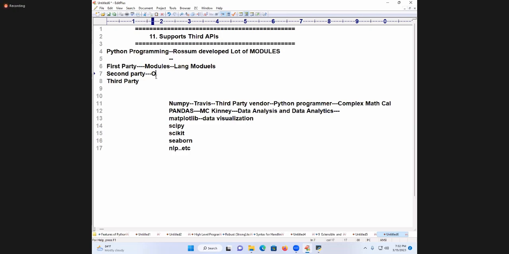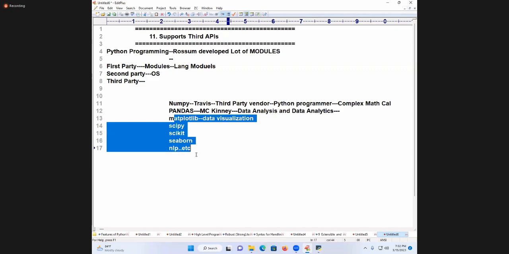Second party modules are the underlying OS libraries. And the third party modules are Pandas, McKinney's modules, data visualization tools. My Jupyter notebook IDEs, database softwares, they are all called third party. Did you understand?